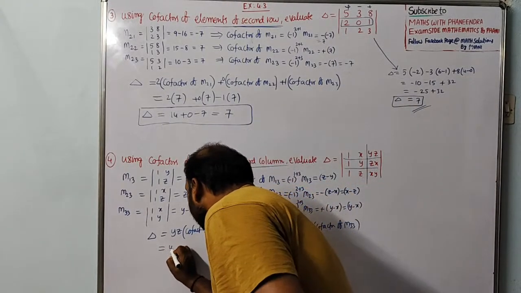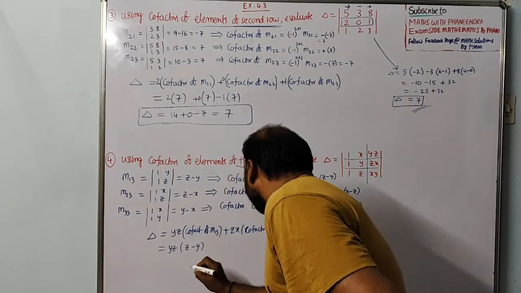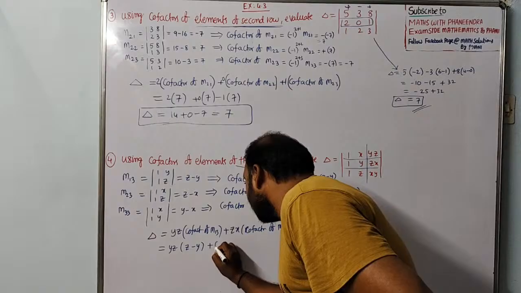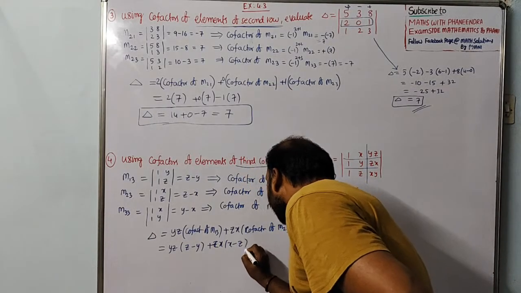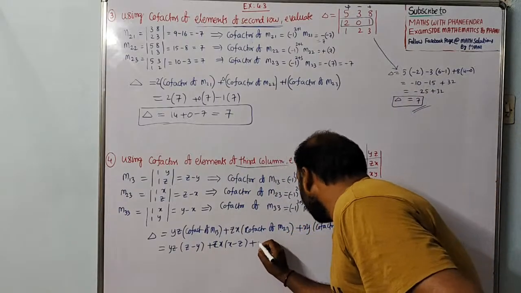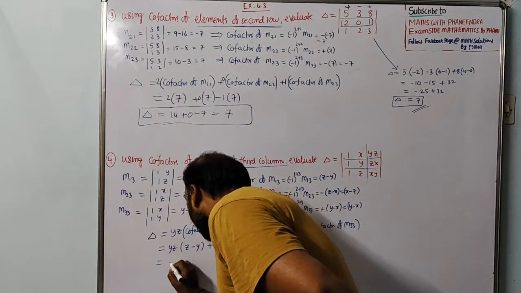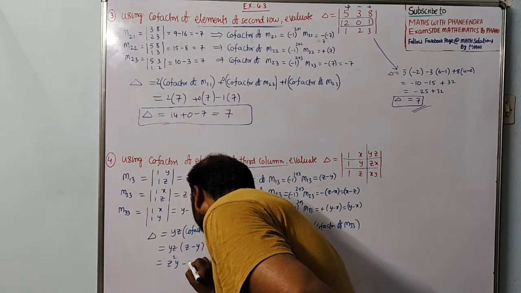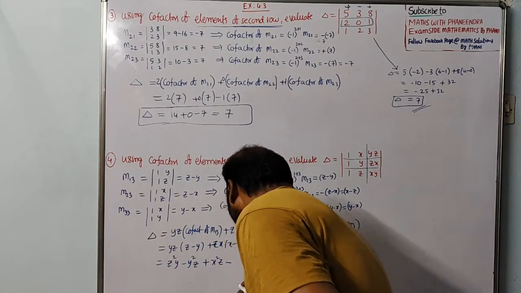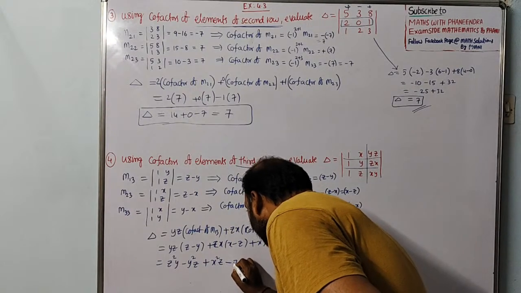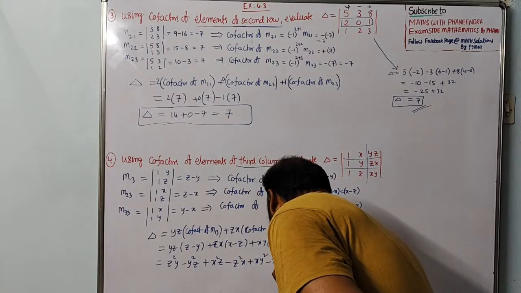So yz into (z minus y) plus zx into (x minus z) plus xy into (y minus x). That is z square y minus y square z plus x square z minus z square x plus x y square minus x square y.